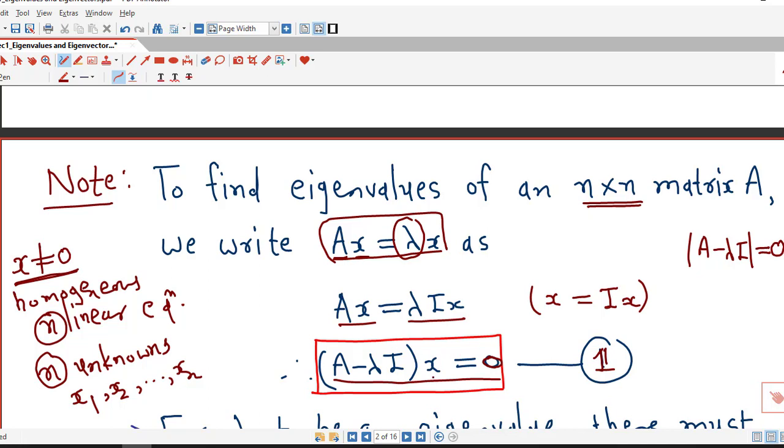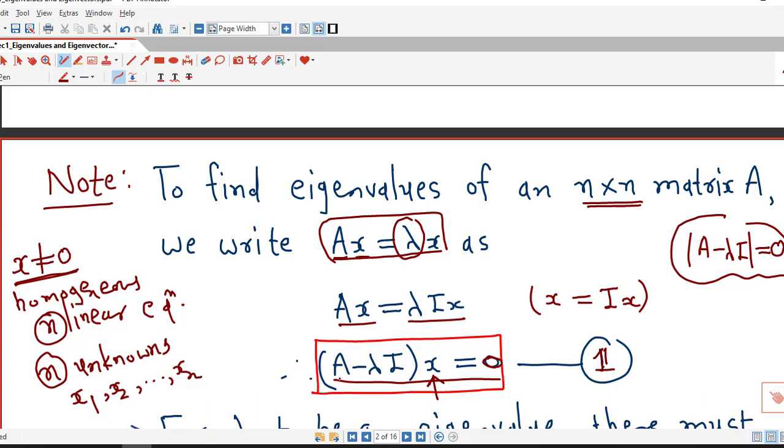Because we are interested in the non-zero values of vector x, we require that this system 1, which is a homogeneous system, must have non-trivial solutions. And as we have discussed in the previous lectures, a homogeneous linear system in which the number of variables and equations are the same has non-trivial solutions if the determinant of the coefficient matrix is 0.